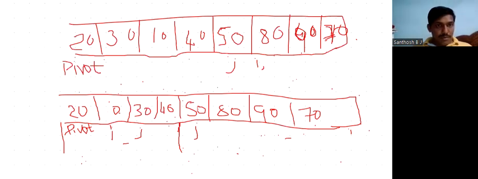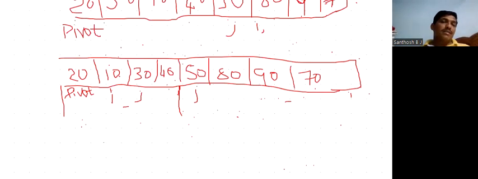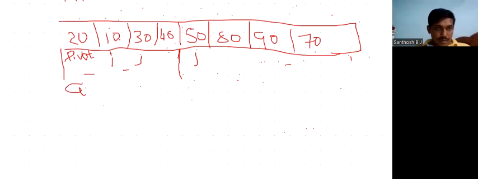So the I value is 10 and the j value is 30. So once again compare, start with the first condition. A of I is less than the pivot value.